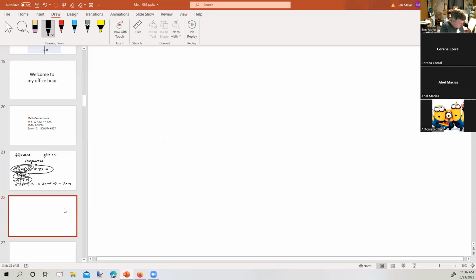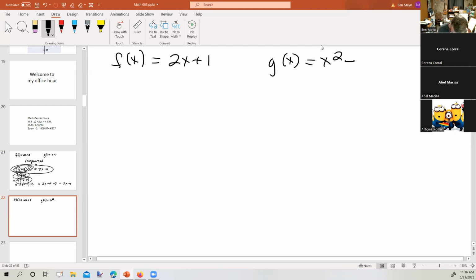Okay. So here we go. Let's take a look at a bunch more examples. Let's say that f of x equals 2x plus 1, and g of x equals x squared minus 1.